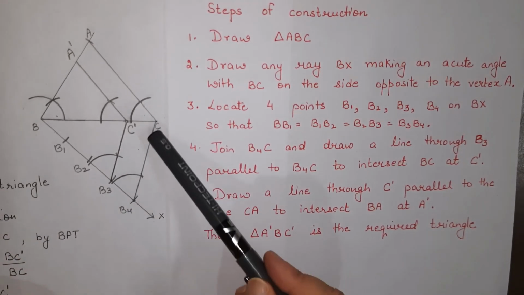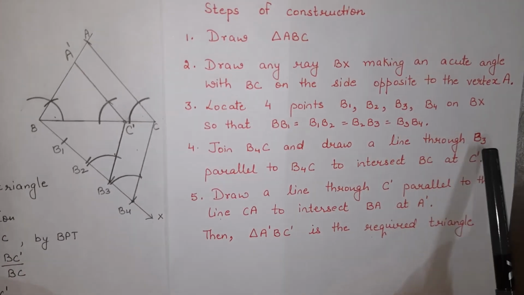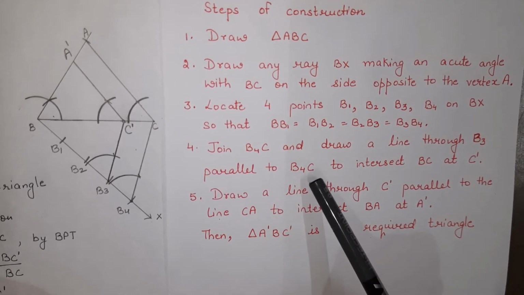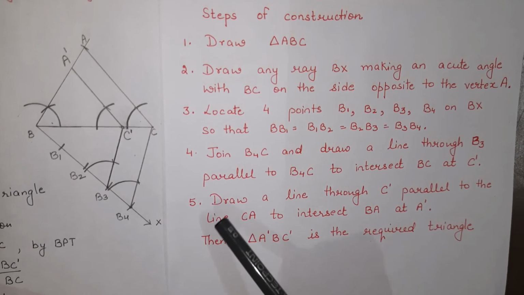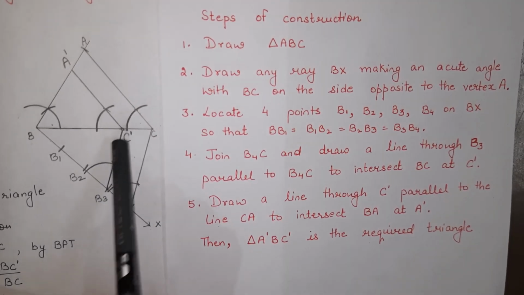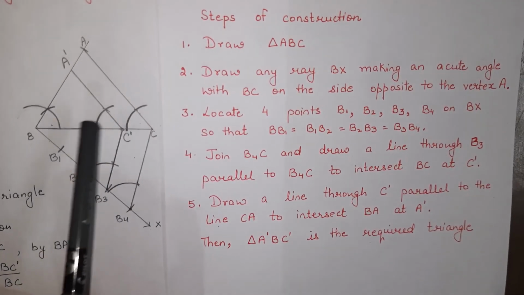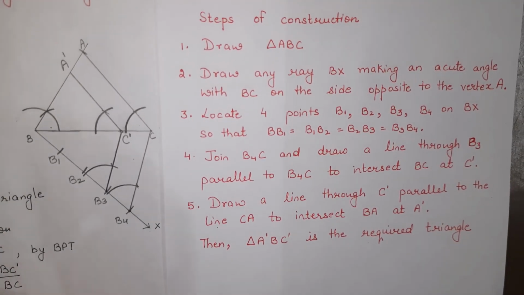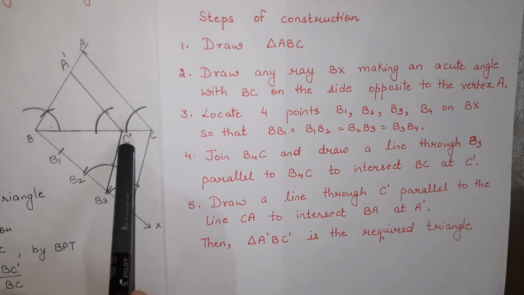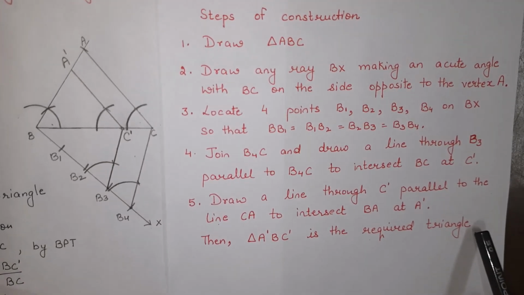Now join B4C and draw a line through B3 parallel to B4C to intersect BC at C dash. Draw a line through C dash parallel to CA to intersect BA at A dash. So triangle A dash BC dash is the required triangle.